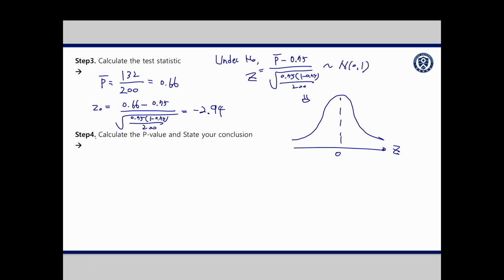Okay, so in step 4, the p-value is to solve this probability.